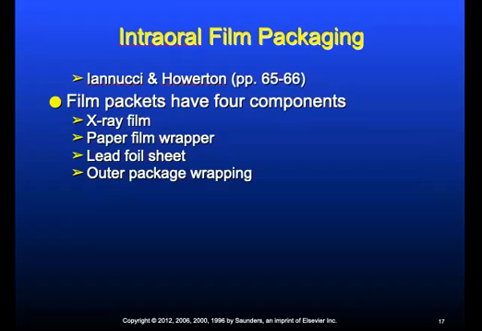Film packets have four components, and this is what you actually see when you unwrap your film packets. You're going to see the X-ray film, which is wrapped in a paper film wrapper, which is attached to a lead foil sheet, and then the whole thing is enveloped by an outer package wrapping. The film packets protect the film from light and moisture.